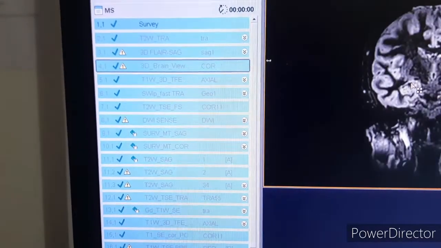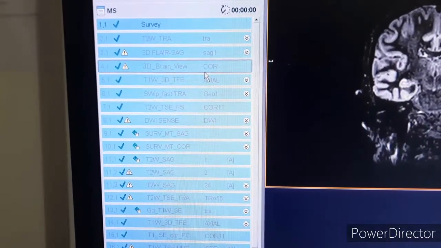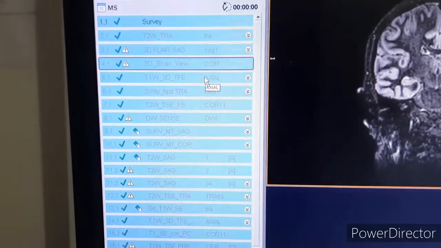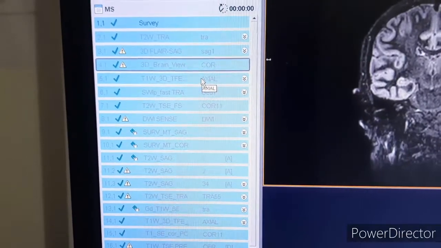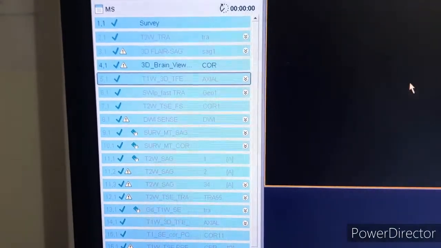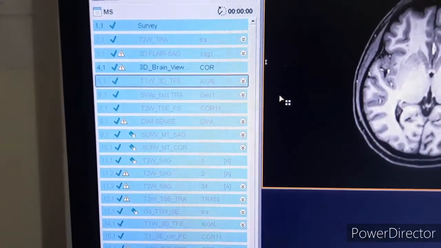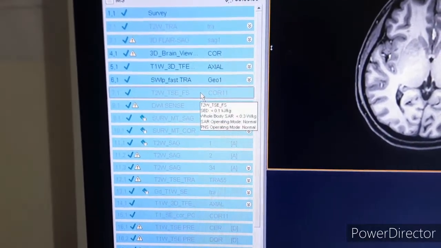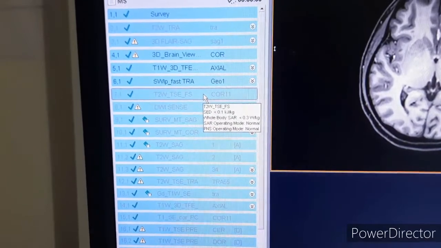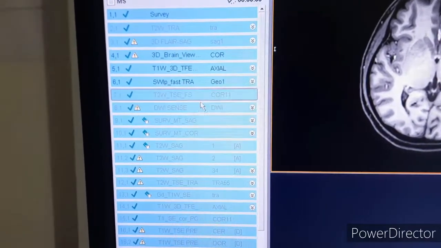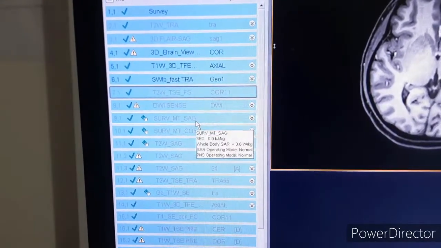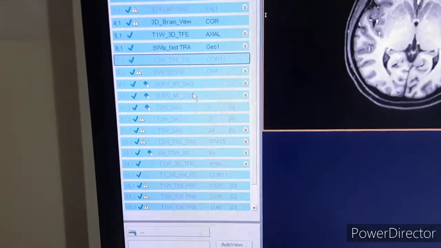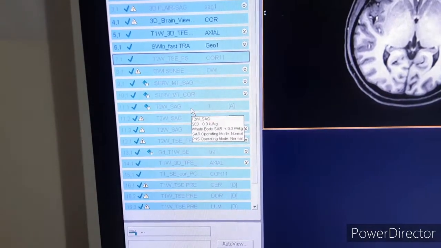And again, double IR 3D, that is, inversion recovery of 3D, then 3D axial T1, and gradient, and T2FS coronal for orbits, and diffusion, then localizer for the spinal cord, that is T2 sag whole spine.